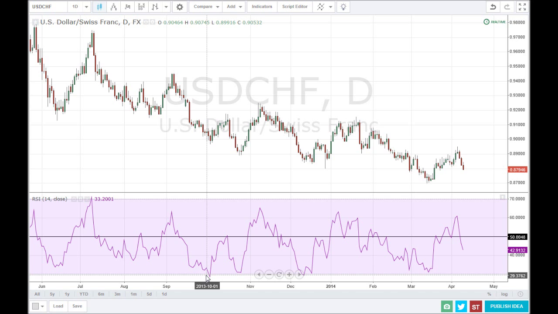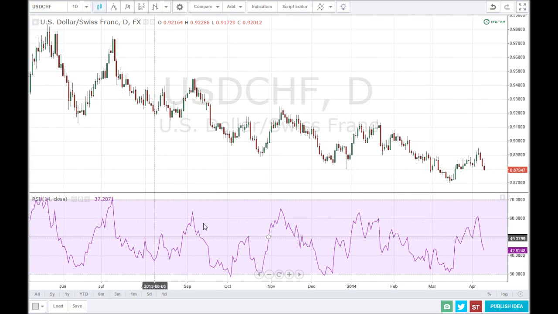With the RSI we have a similar concept. When our single RSI line reaches 70 on our gauge, we have overbought, and when our RSI line reaches 30 or lower, that's a signal that markets are oversold. So we just compare this indicator with our price chart to see how reliable this indicator can be.